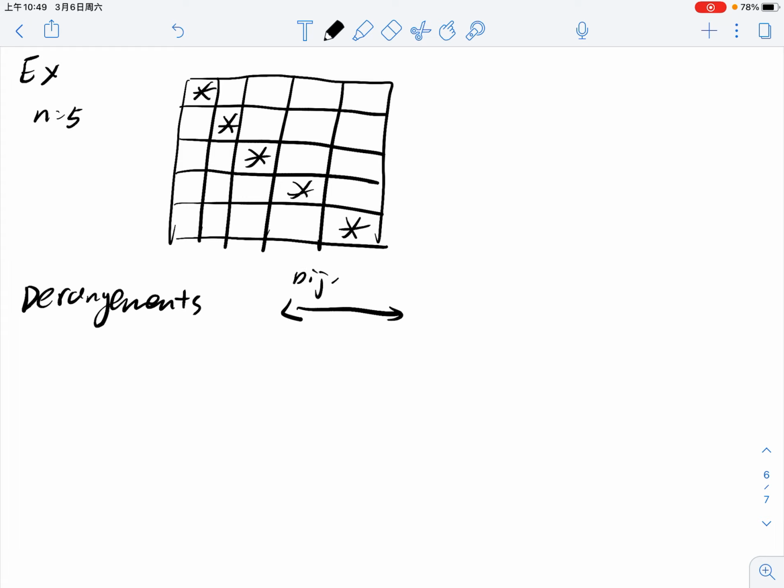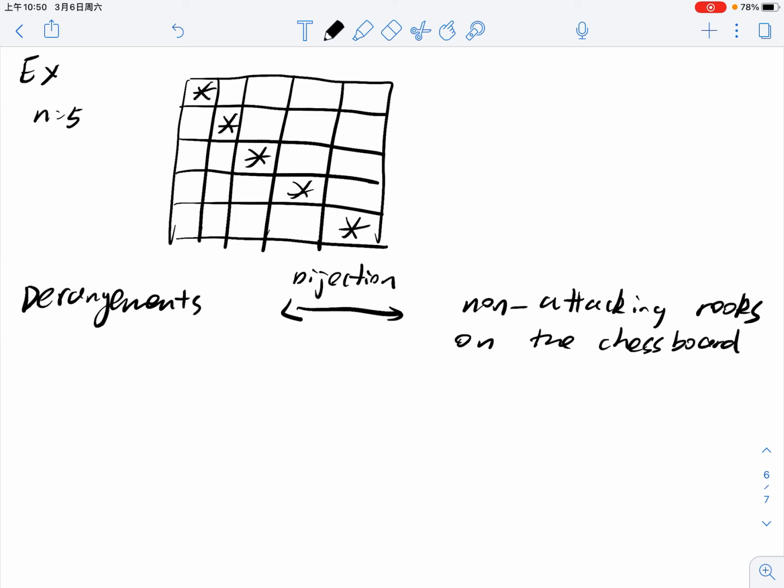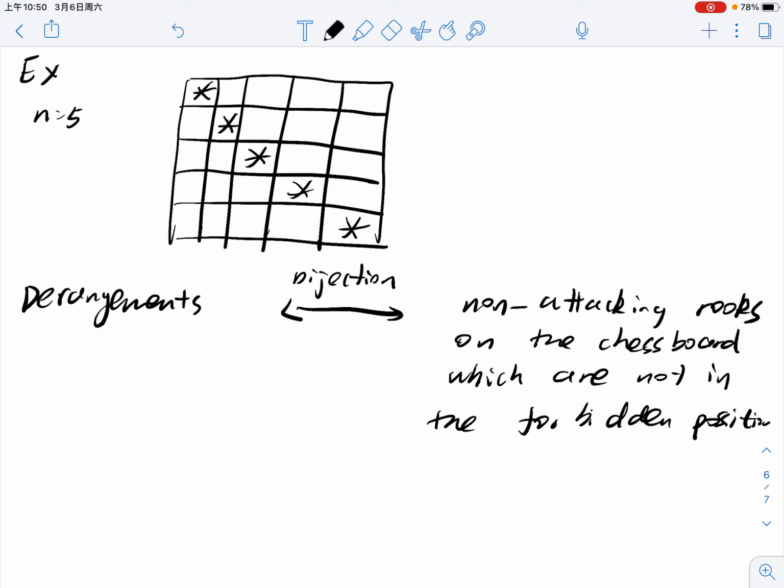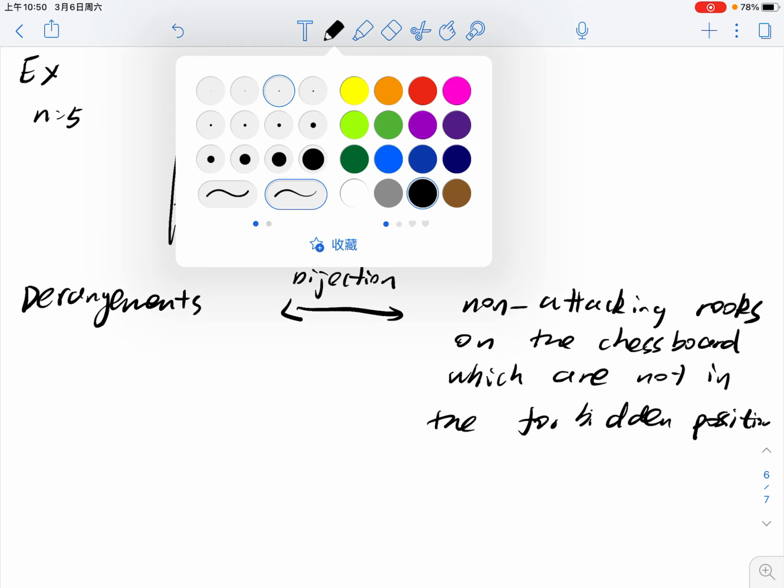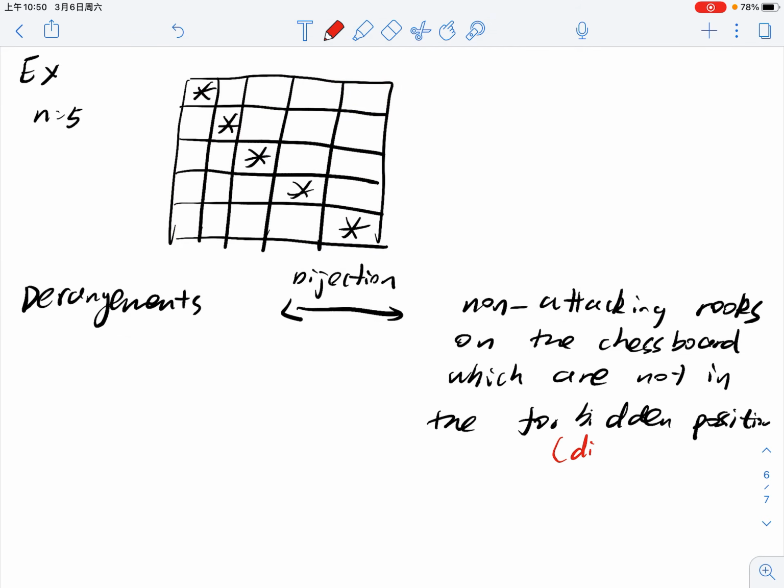You have a bijection between derangements and non-attacking rooks on the chessboard which are not in the forbidden position. So here the forbidden position is the diagonal.